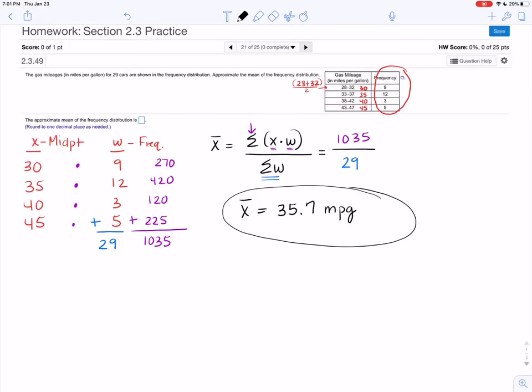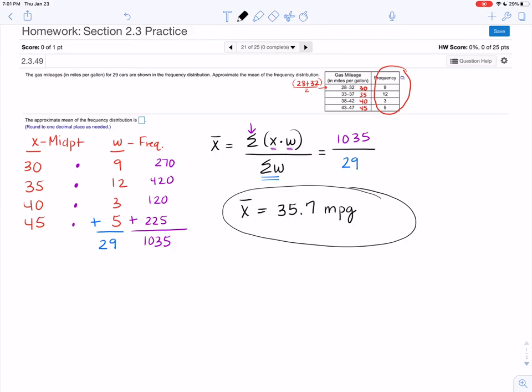Remember what I told you in class about frequencies? Do not ever be tempted to add up your frequencies and divide by the number of values. There will never be a place where you do that. So just remember, for quantitative, for numerical data, frequencies will always be used as weights, and that'll tell you to use this weighted mean formula.